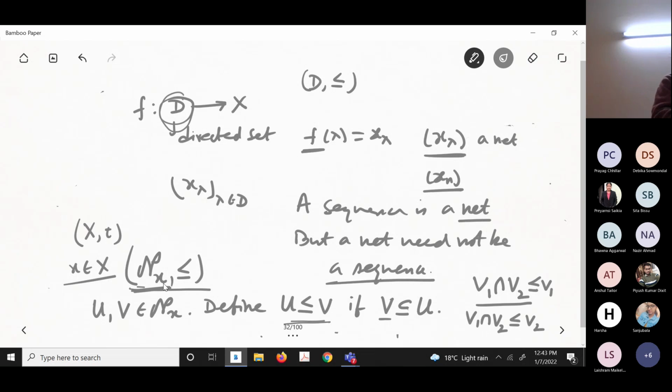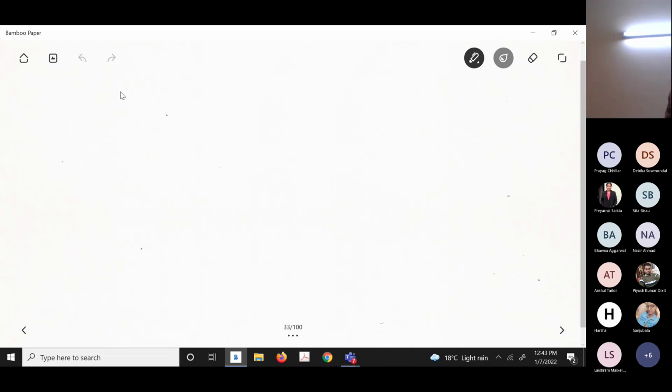So that, let me write again. So (X, tau) is a topological space.